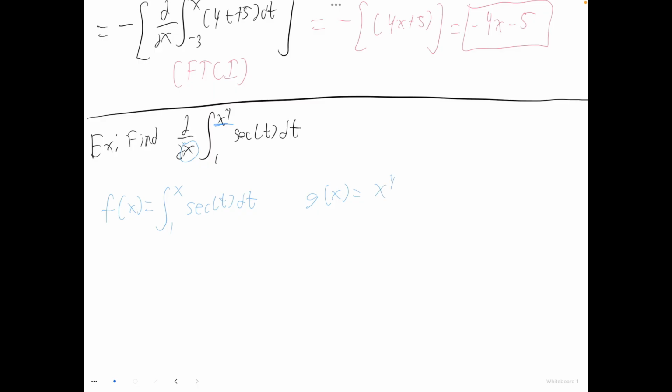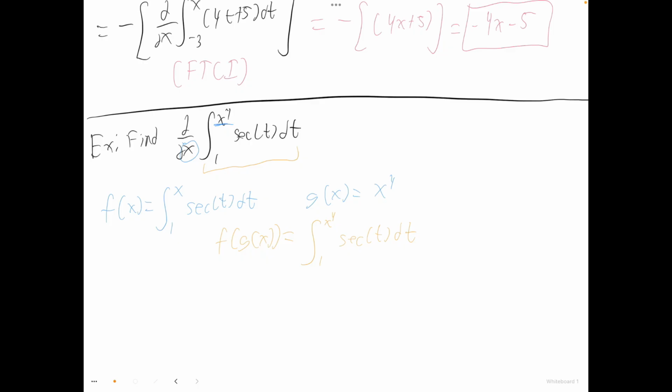Notice that I have plugged x to the 4th in for x in g of x. So just to make it clear, f of g of x. Wherever I see an x in the formula for f, I need to plug in x to the 4th. Well, I only see it in the bound, so I have the integral from 1 to x to the 4th of secant of t dt.